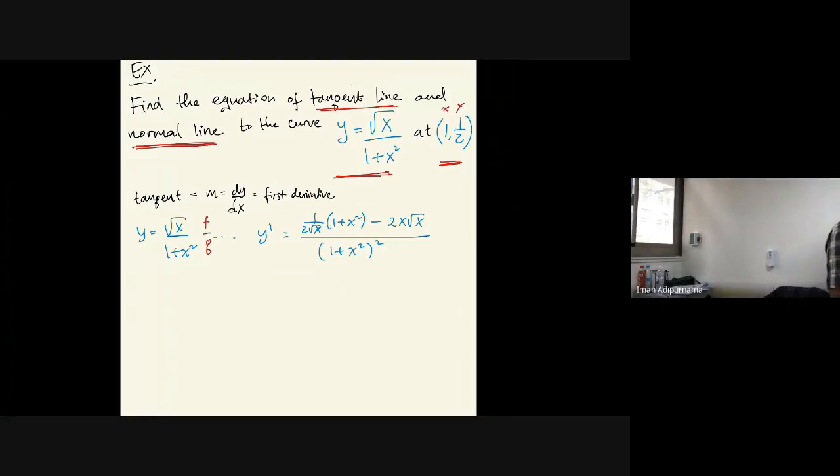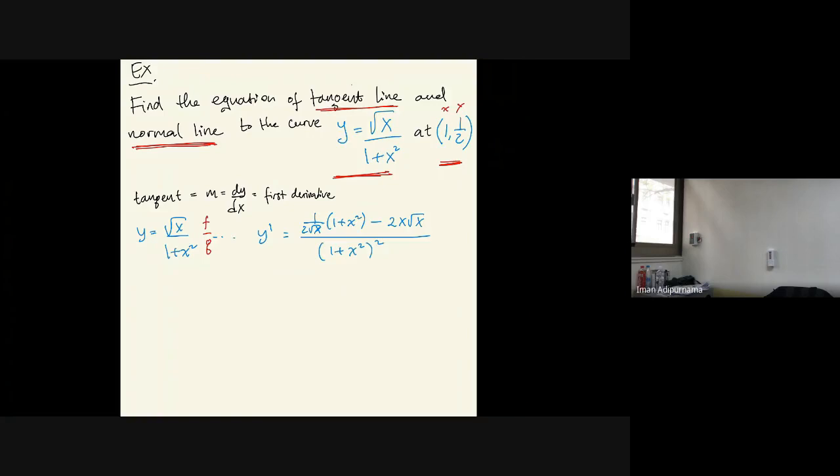Okay. And also, the important point in finding the tangent line or normal line, if you just get this expression here, because it's already specified the point is at x equals 1, and if you think it's easy enough to calculate here, then just plug in the point 1 and you get the gradient.